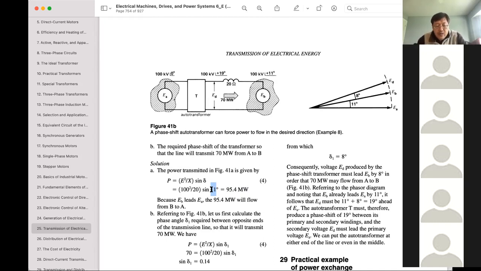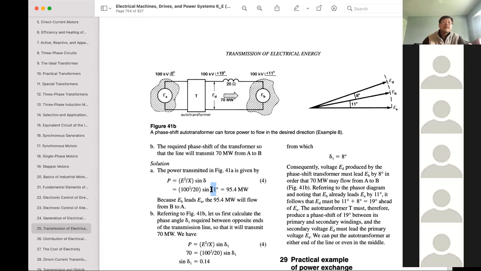Let me do the math. With 20 degrees, it will be more power: 170 megawatts.